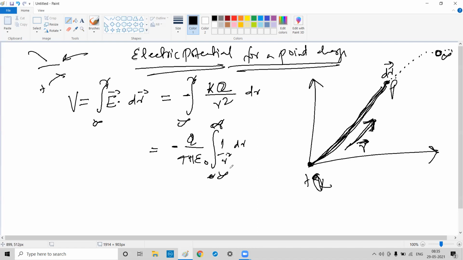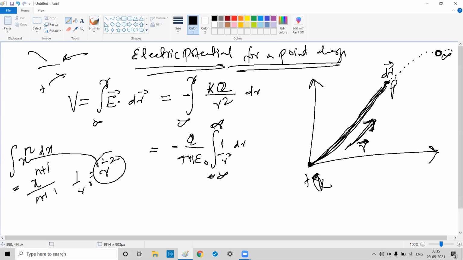Since you guys have not studied this yet, this basically follows the formula of integral x to the power n dx, which is x to the power n plus 1 by n plus 1. So 1 by r square we can write as r to the power minus 2. Here x is r and n is minus 2.